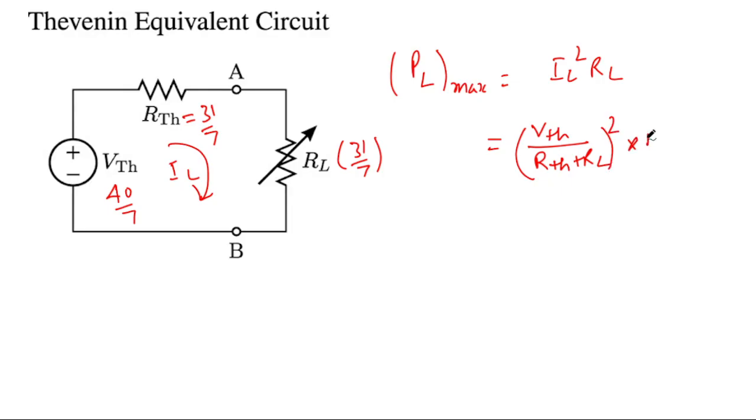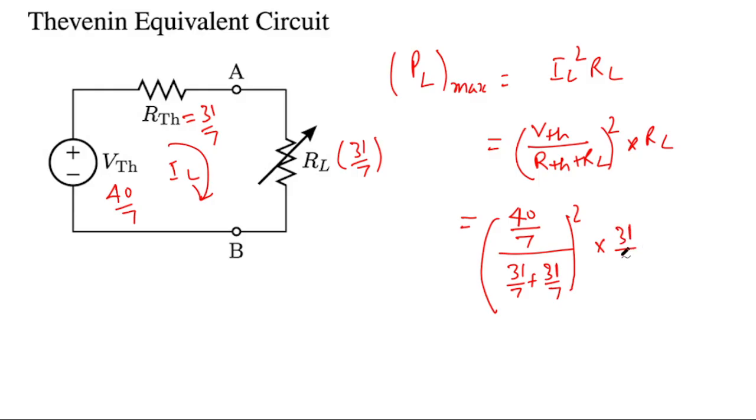Let us put the value of VTH, 40 by 7, divided by RTH and RL, which are both 31 by 7, so 31 by 7 plus 31 by 7, and the whole square multiplied by 31 by 7.